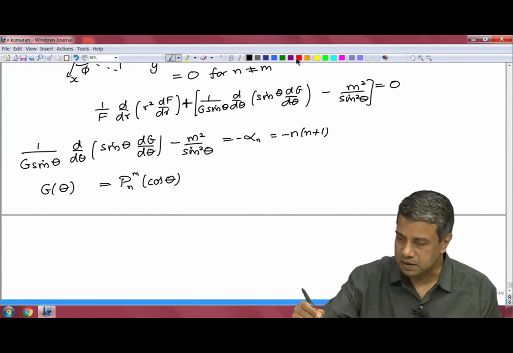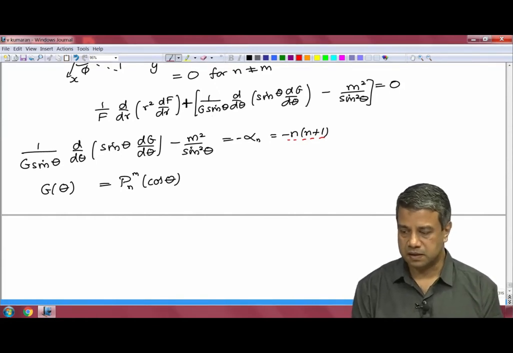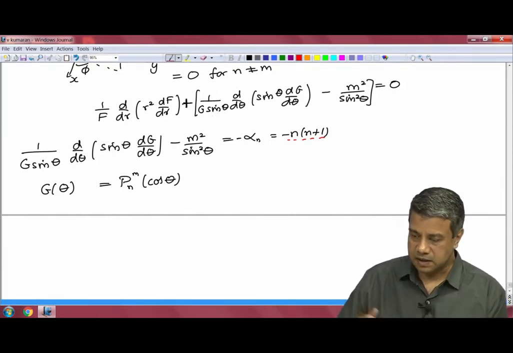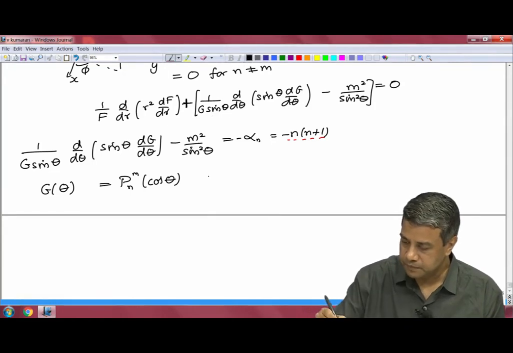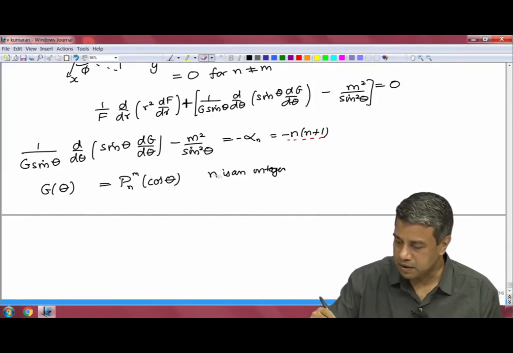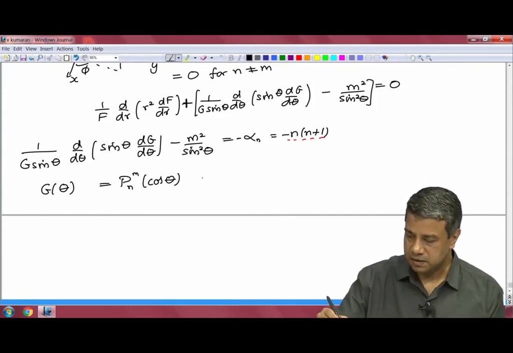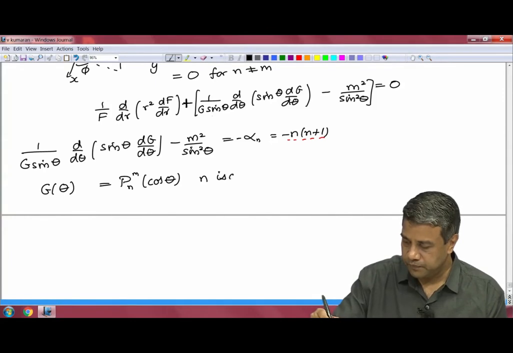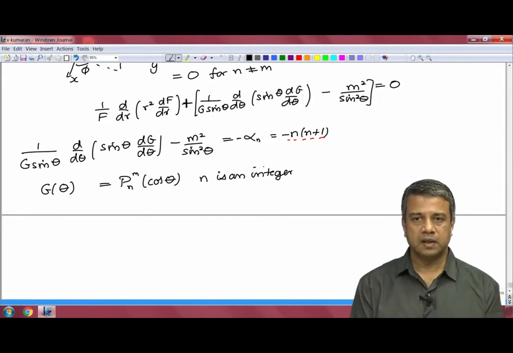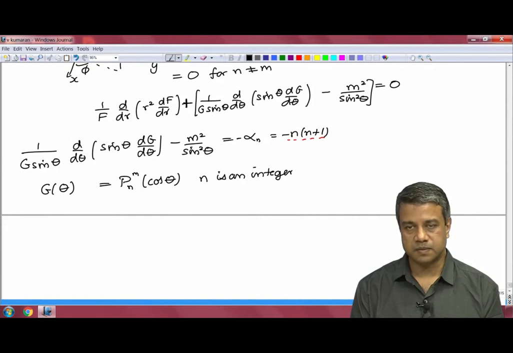If this term here is of the form n into n plus 1, where n is an integer. I had worked it out in the case of an axisymmetric problem to get the Legendre polynomials earlier, and m varies between minus n and plus n. n is a positive integer.